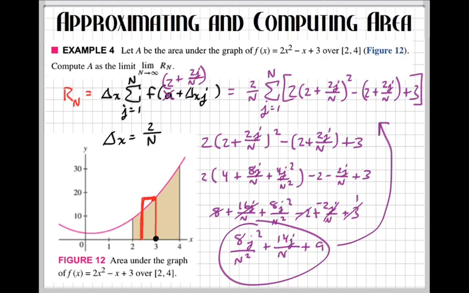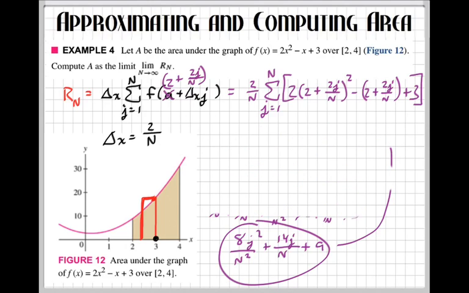Let's go ahead and erase some stuff so I have some space. Okay, so that was the big part 2. So we have 2 over n, sigma, j equals 1 to n. Now we have 8j squared divided by n squared plus, actually, I'm going to start splitting this up now.